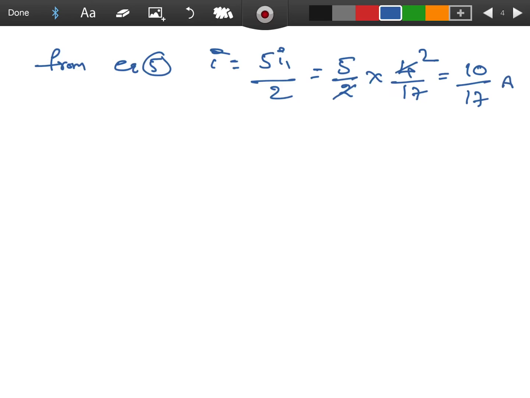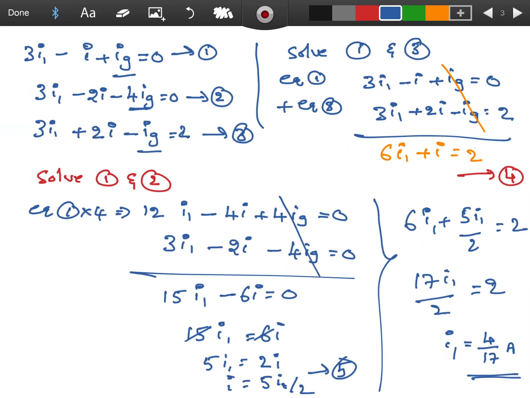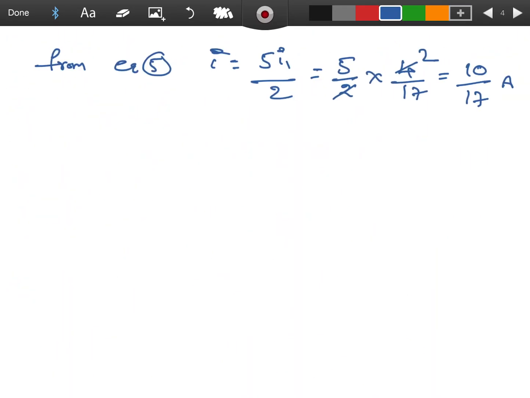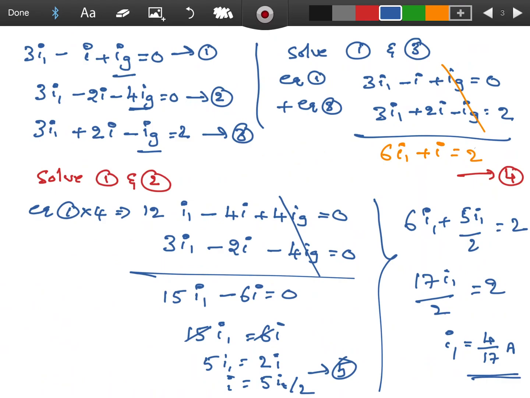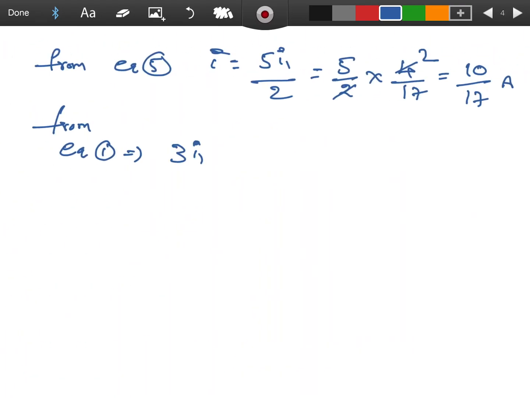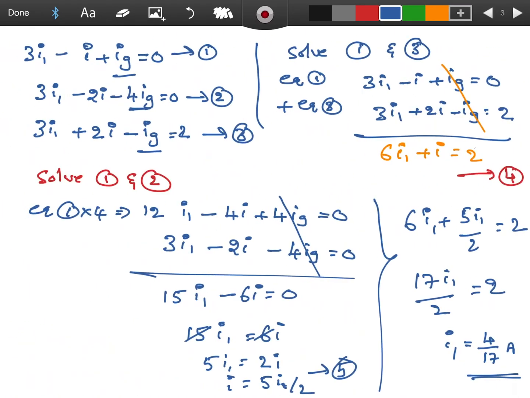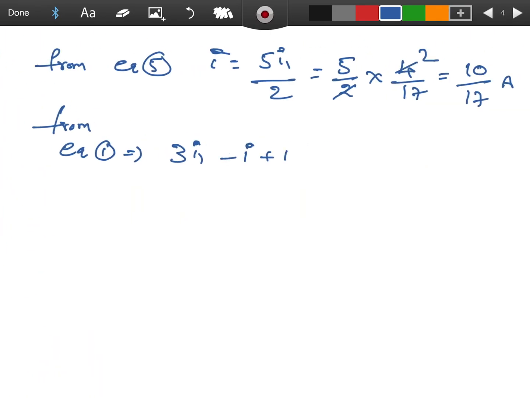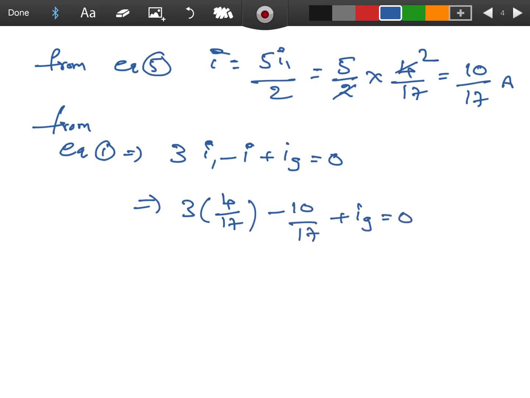Then Ig also you try to calculate by solving. Where is Ig? I'll use equation 1. From equation 1, 3i1 minus I plus Ig equal to 0. 3i1 is 12 by 17 minus 10 by 17 plus Ig equal to 0.